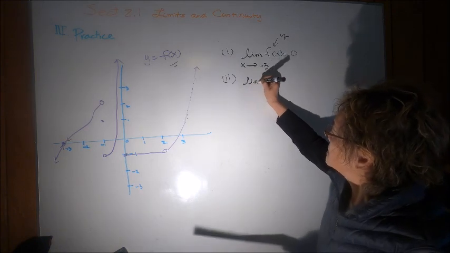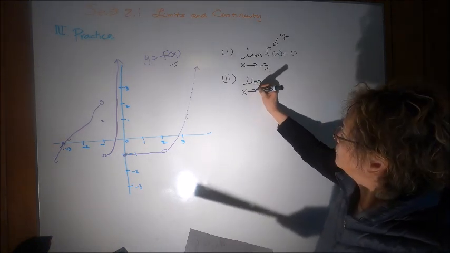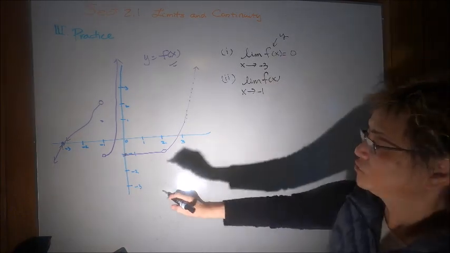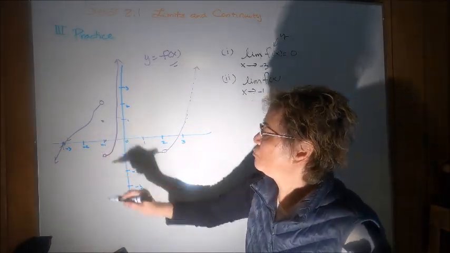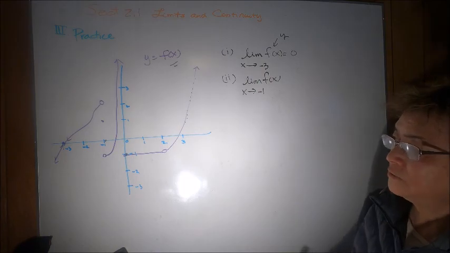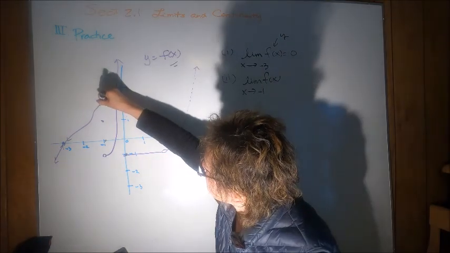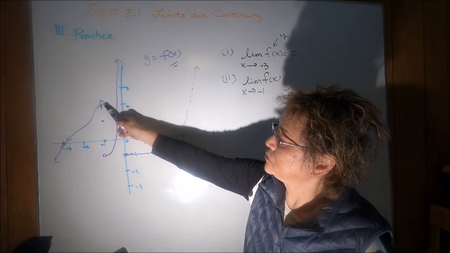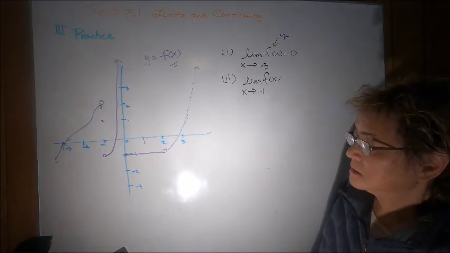Let's take a look at x approaching -1. So you look at x from -1. What's your y value? From the left hand side, you approach a y value of 2, right?